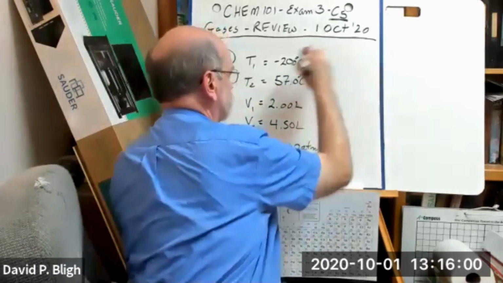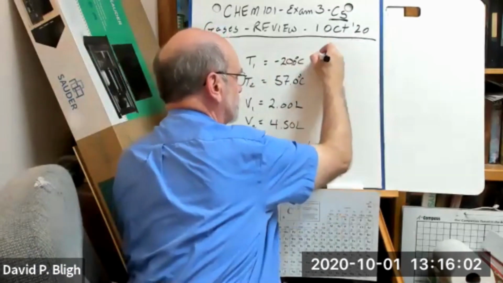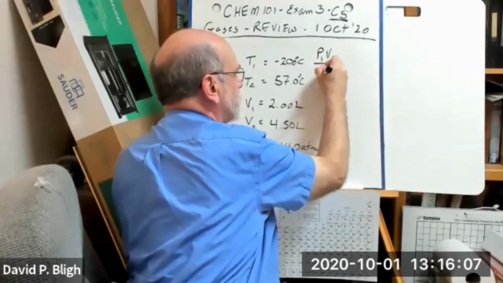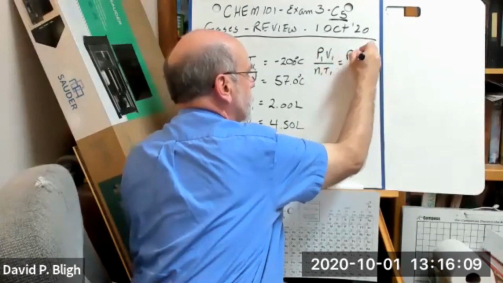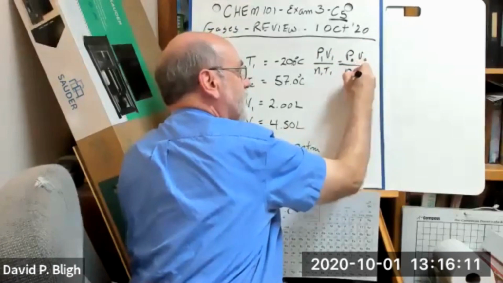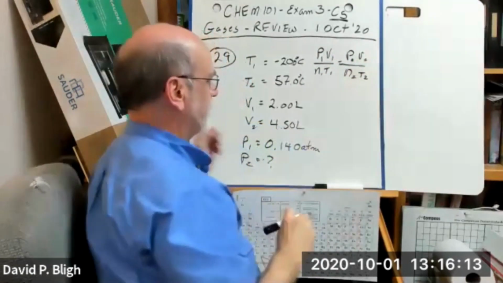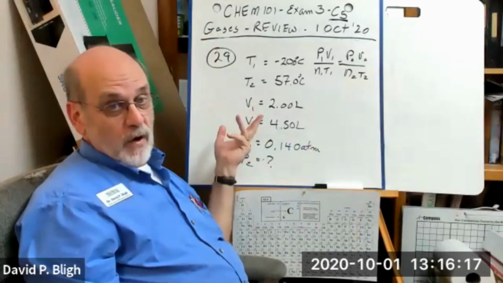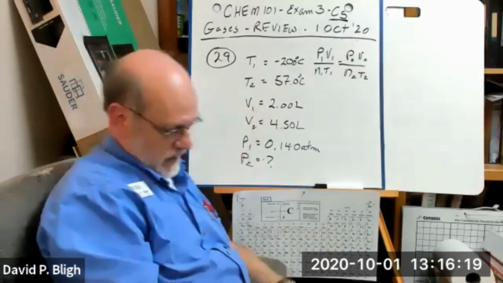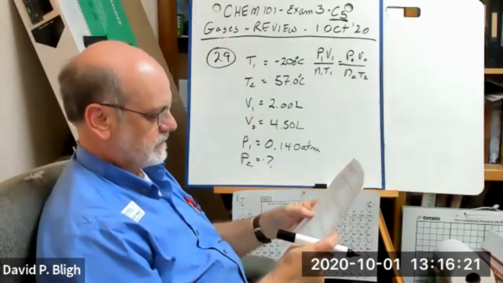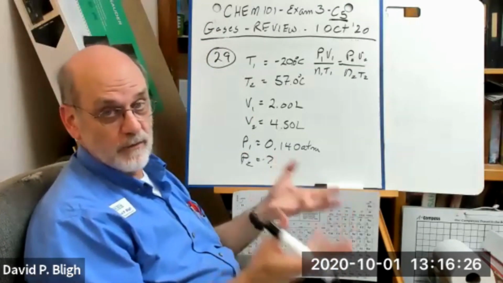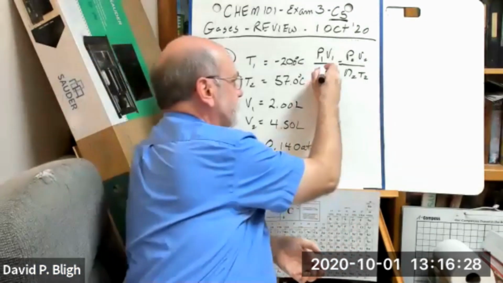right, which is P1 V1 over N1 T1 equals P2 V2 over N2 T2. Now, the number of moles stayed the same, right? 29. A gas sample. Okay, so you have to assume that the number of moles stayed the same. That goes out.